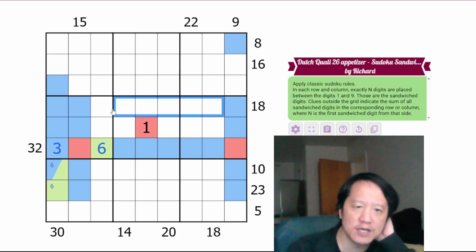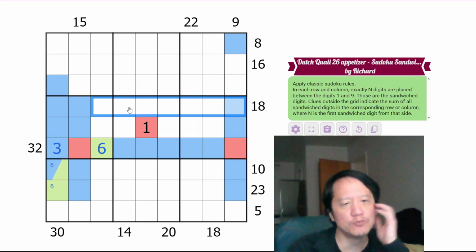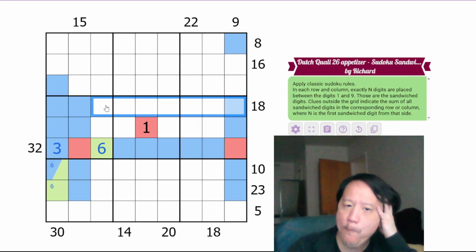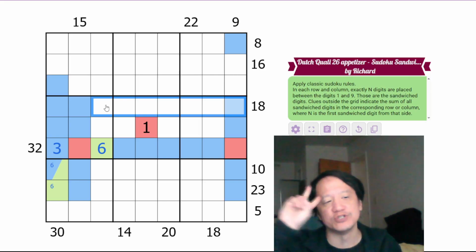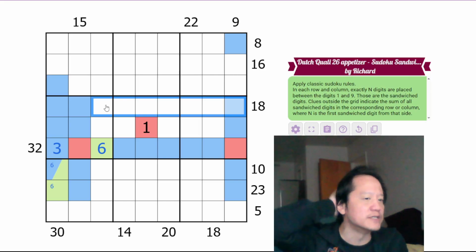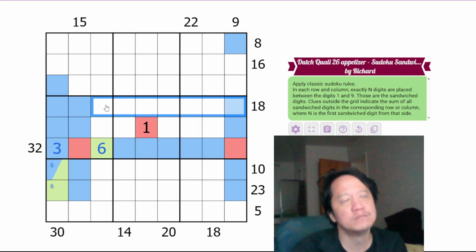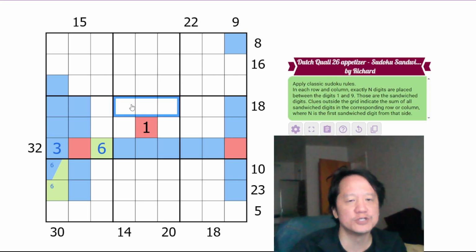So this must add up to 18 here. Which means to add up to 18, you can't even have 2 digits in the same row. So it must be 3 digits in between the sandwich no matter what.